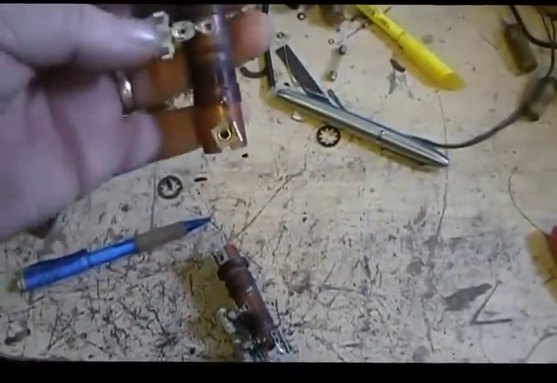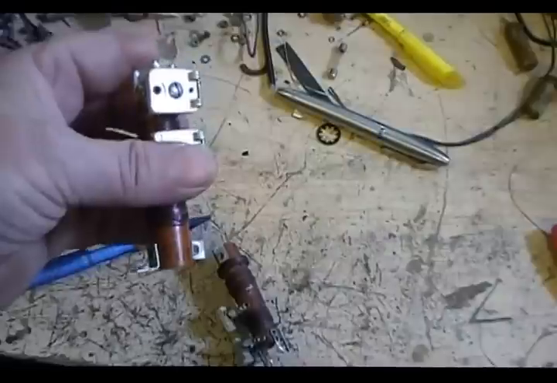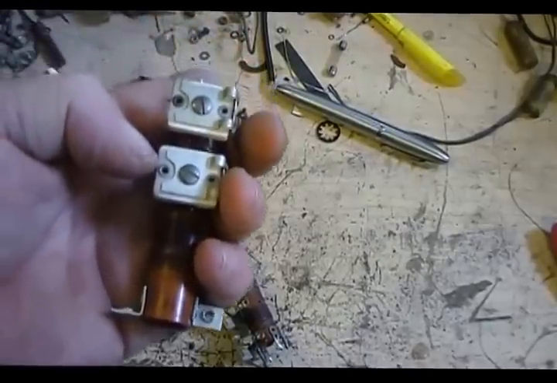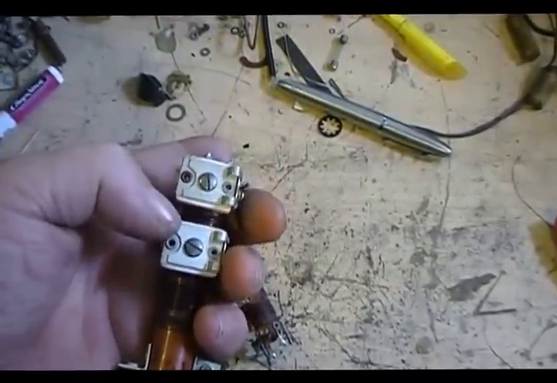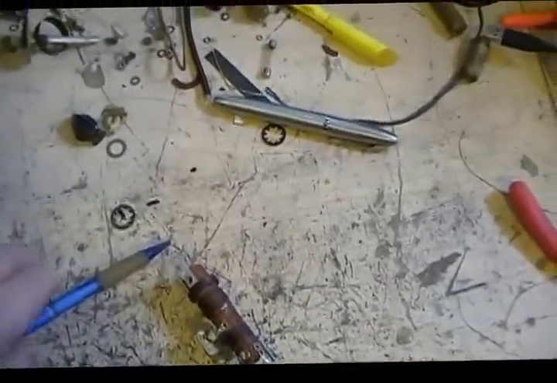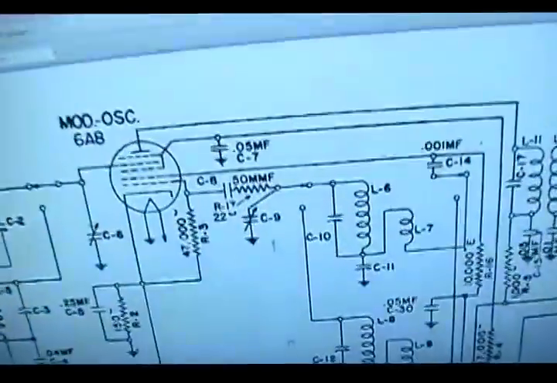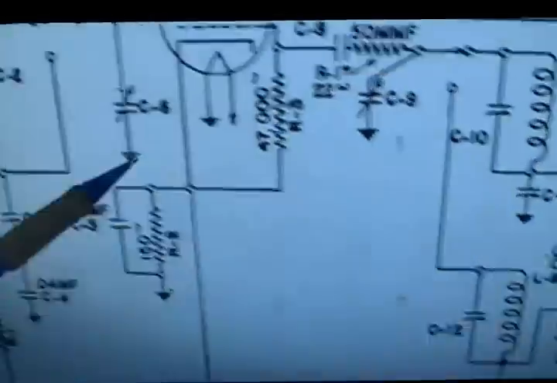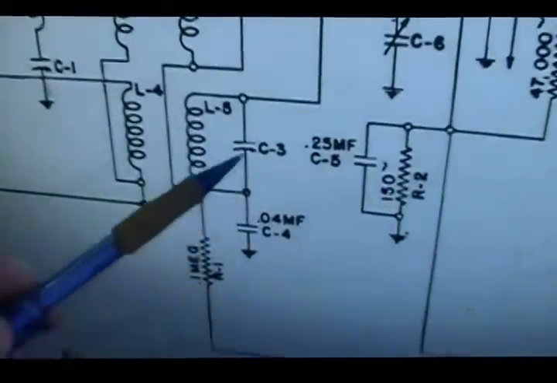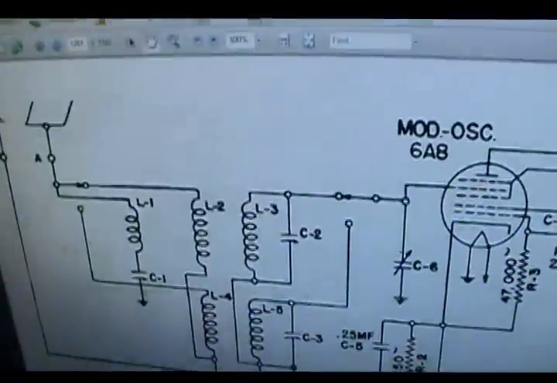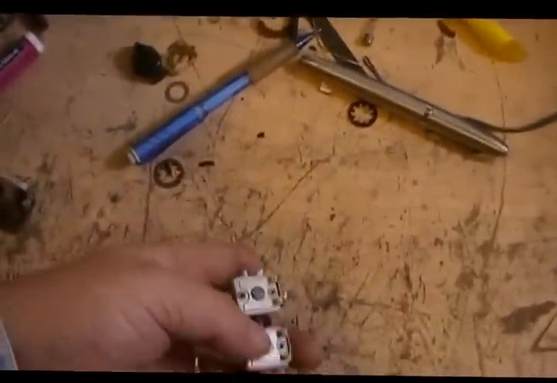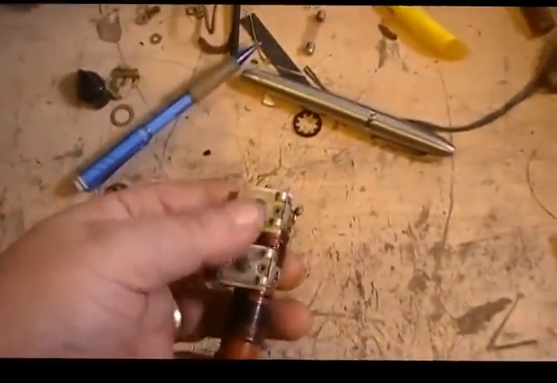That makes it kind of nice too, because if you pulled something like this out, that's a nice piece of information right there alone. I've got the schematic up, and those represent that cap, that cap, that cap, and that cap. So C2, C3, C10, and C12. Those are these caps, like on this coil and this one.